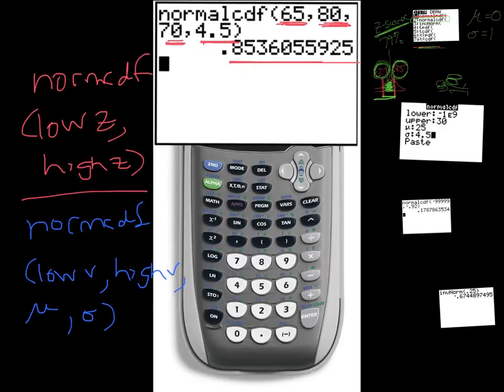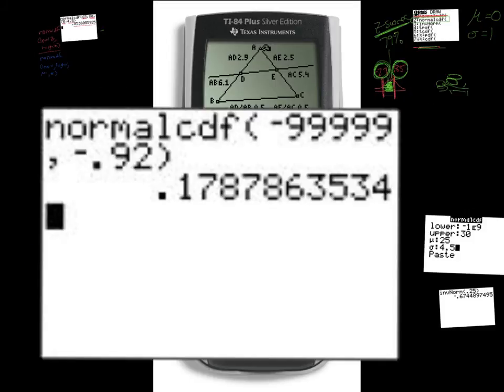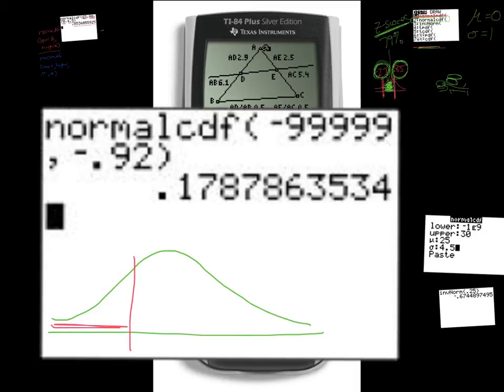Now maybe some of you also said to yourself, wait a minute, what if the problem that I'm dealing with is one in which I have to find not in between two z-score lines, but I have to find from, let's say, here to basically infinity below it.